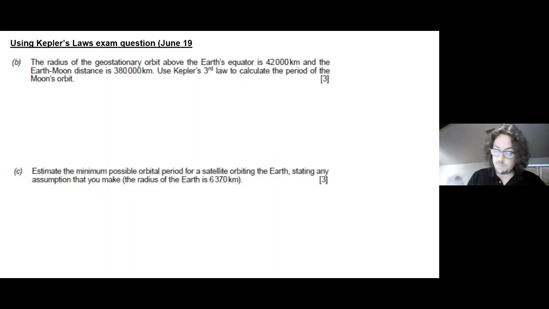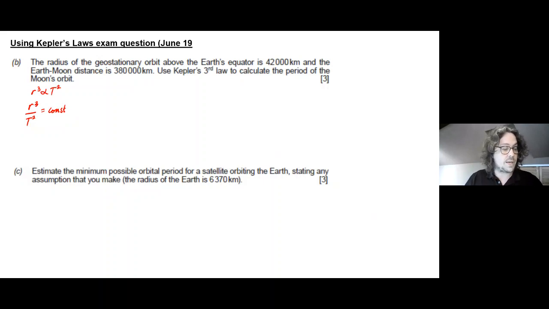Right then. So the important thing to remember here is that if r cubed is proportional to t squared, then that also means that r cubed over t squared is equal to a constant.